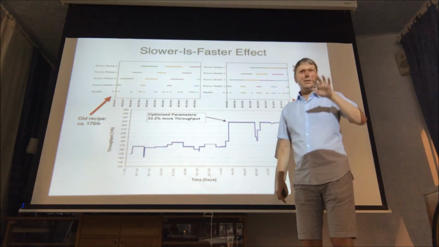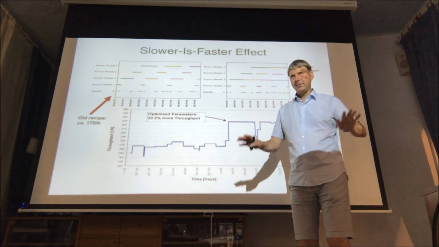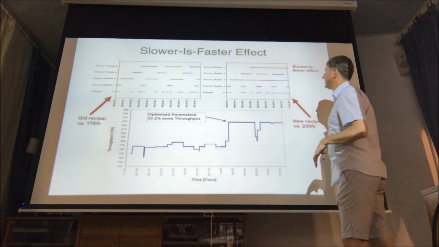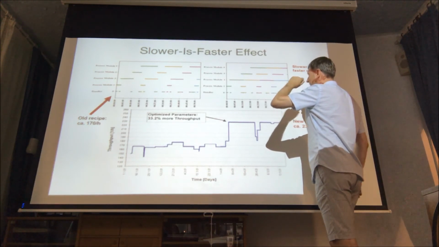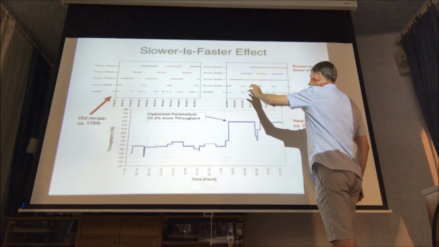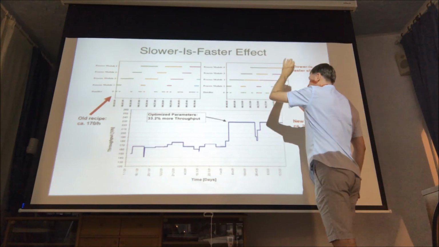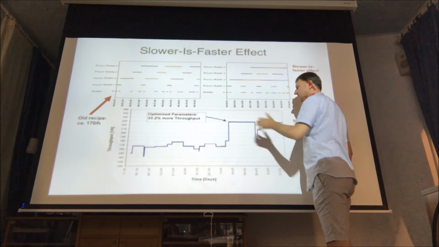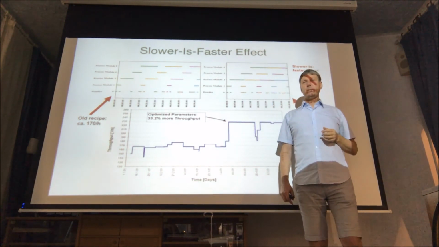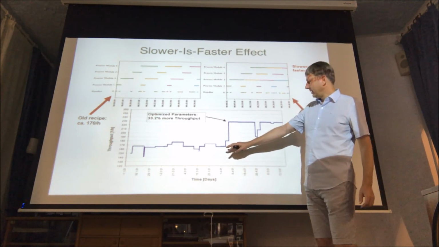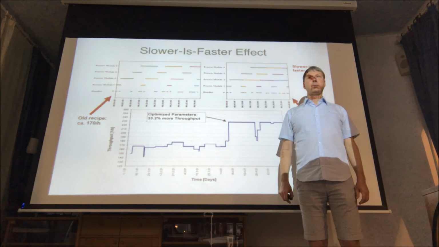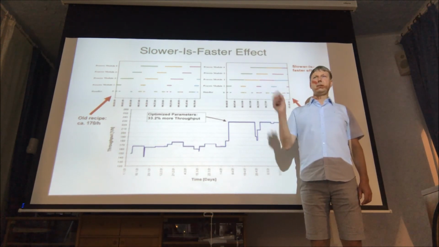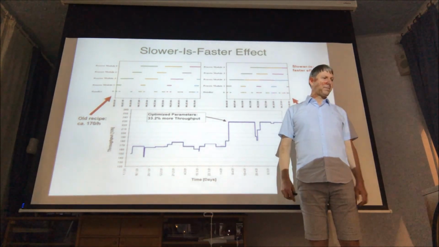We said, slow down, relax. Slower is faster, so we made sure to extend the processes in a way that avoided conflicts of requests for the gripper. And we could increase the capacity by more than 30%. It was just a diploma or master's thesis.